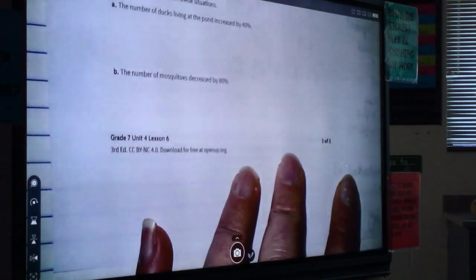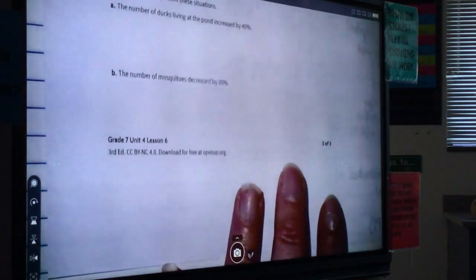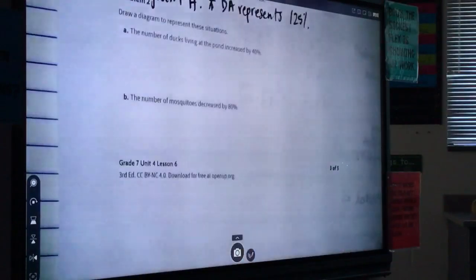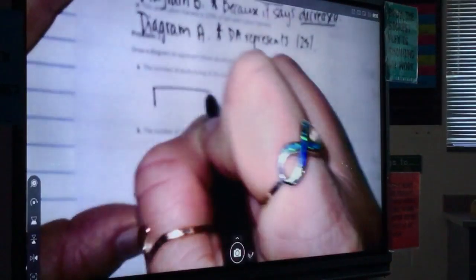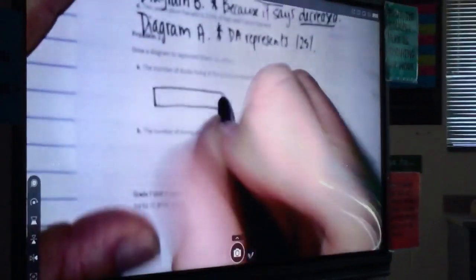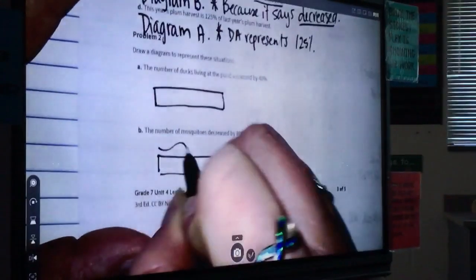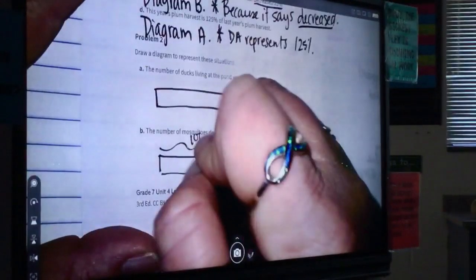All right, go ahead. See what you guys come up with. So you're going to use a tape diagram, and it has to be out of what? Has to be out of 100. Go from there.